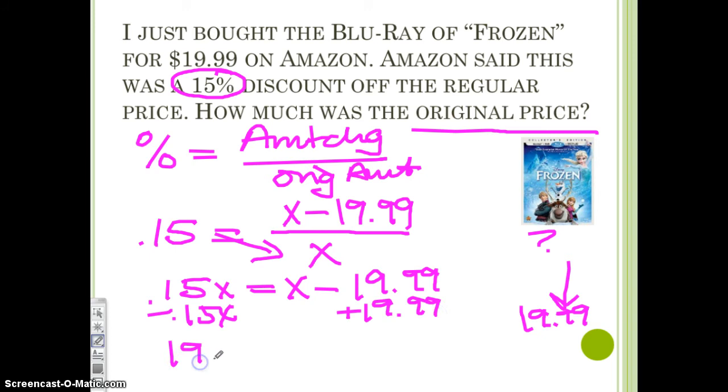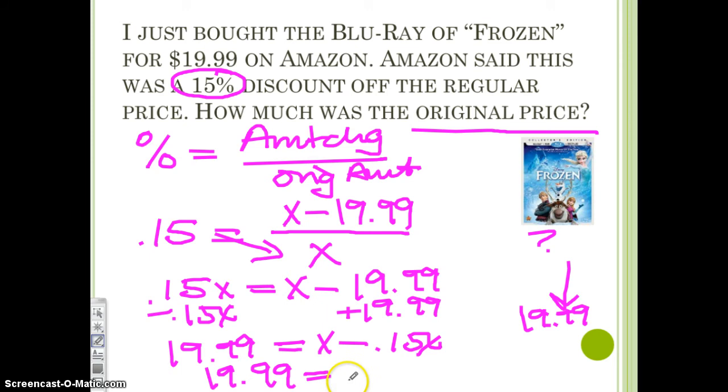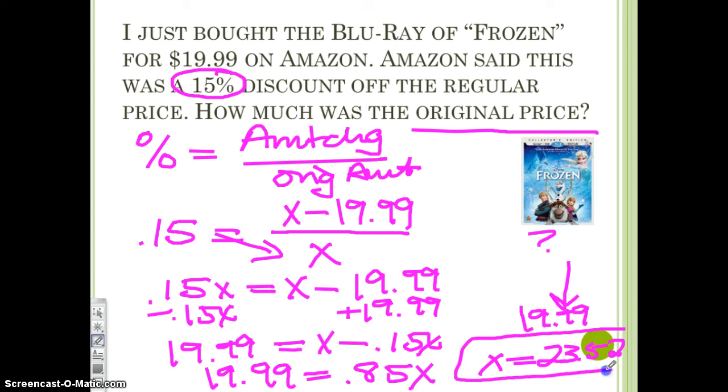That will give me $19.99 is equal to x minus 0.15x, or $19.99 is equal to 0.85x. Now we just need to divide both sides by 0.85. I've run out of room, but believe me that when you do that, you find out that x is equal to $23.52. The original price for the DVD was $23.52.